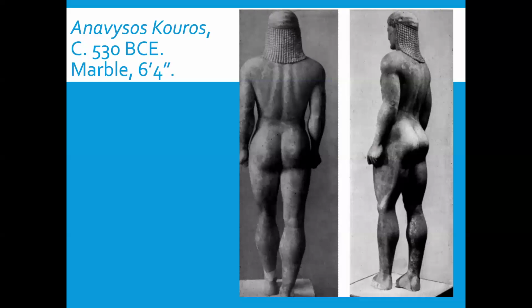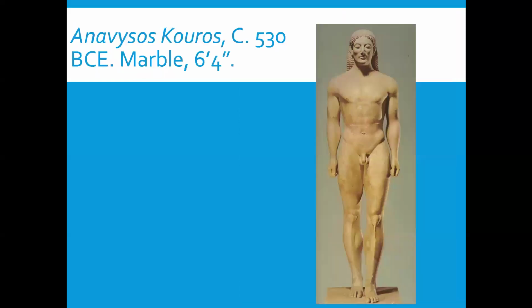It's still not a portrait. This is not what Croesus looked like, but a type. So these would be made for, and people would be able to buy them and put them over a funerary spot for the deceased, similar to the votive offerings in Mesopotamia, where they would be commissioned to put in the temple.